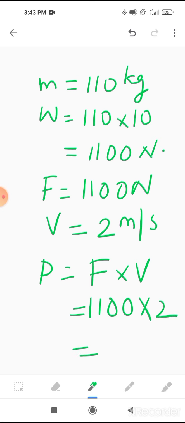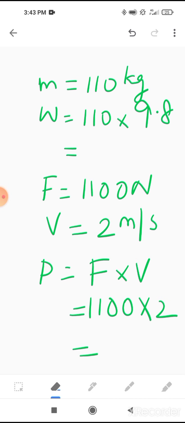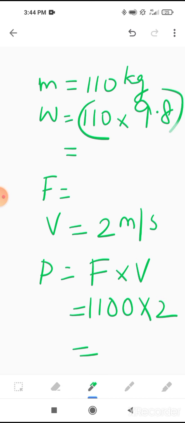You will get the answer in the book as 2156 because there they have used acceleration due to gravity as 9.8. Use 9.8 here, then you will get another number. So this is the force, use that value here, then you will get the power. So the formula is force into velocity.